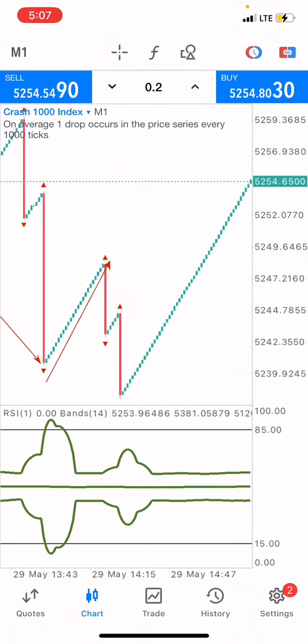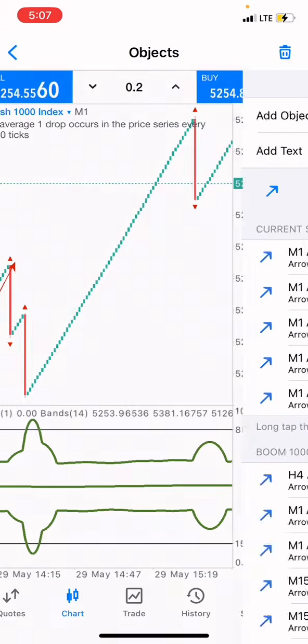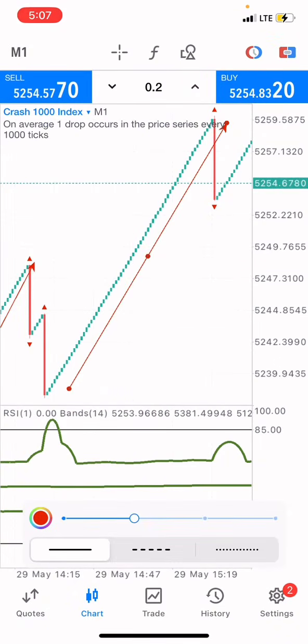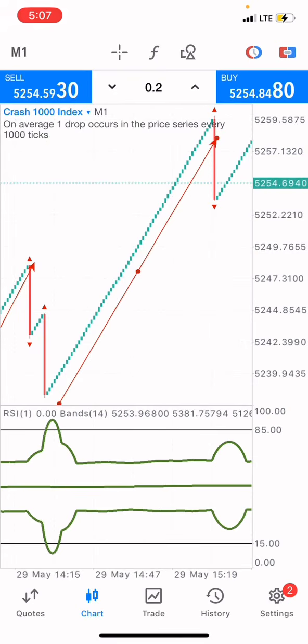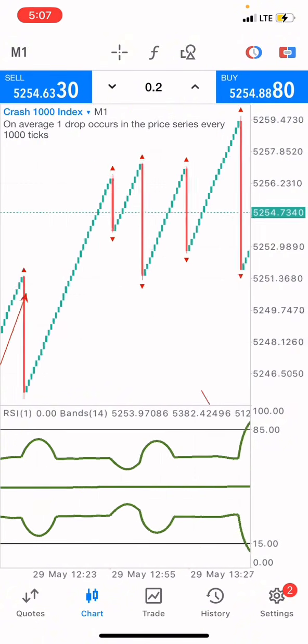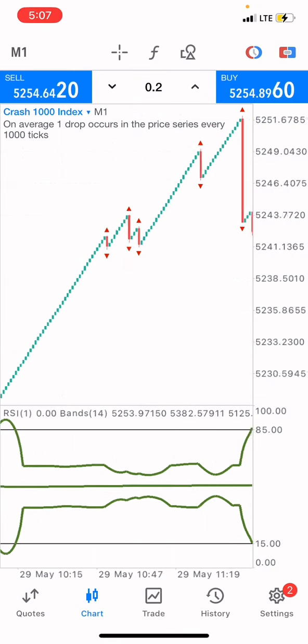It is not around that level anymore. I wouldn't take that trade. I would just run away from that trade. But you see, it still went all the way up. Probably I would feel bad that I did not take it, but it's better to play safe than take unnecessary, uncalculated risk, right?